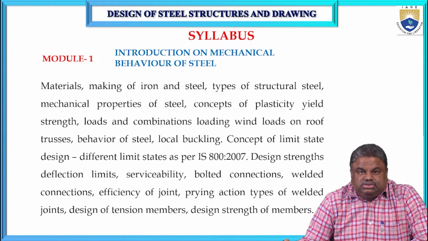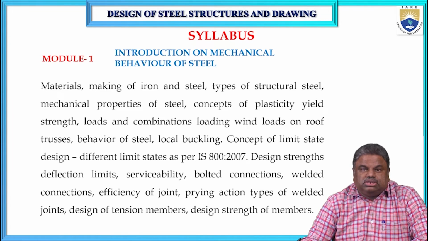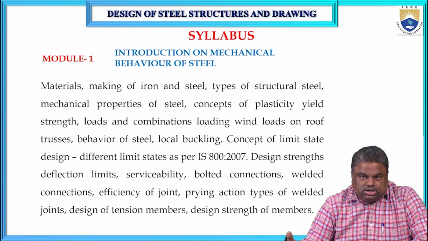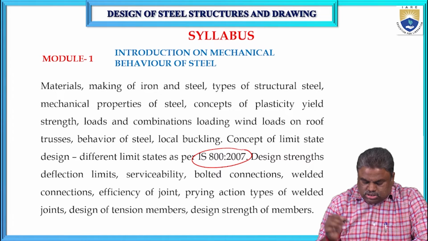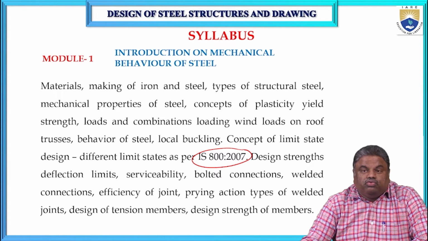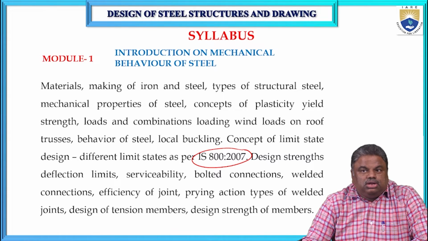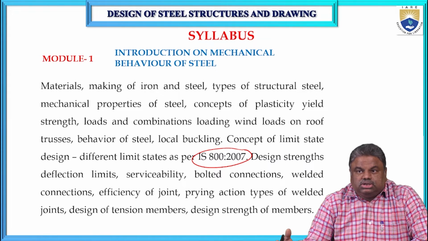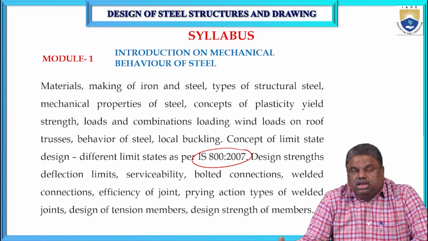Then concepts of limit state design, and what are the different limit states. Generally, we will take care while designing the structure as per IS 800 2007. This code IS 800 2007 is very, very important for this course. So we need to follow the guidelines of IS 800 2007. And the design strength: how to calculate the design strength of existing structures or existing elements.